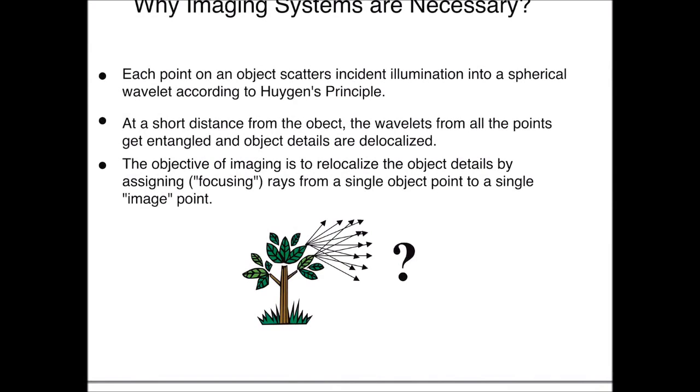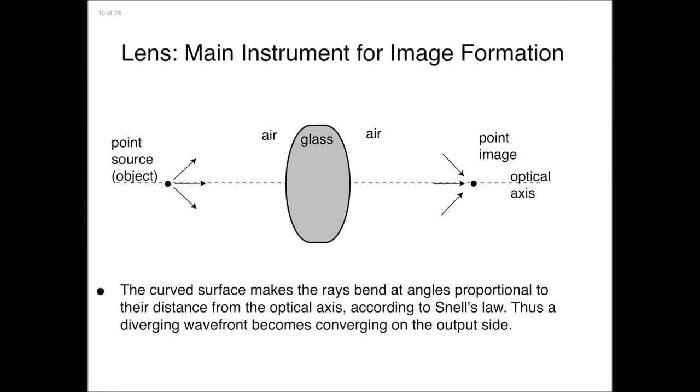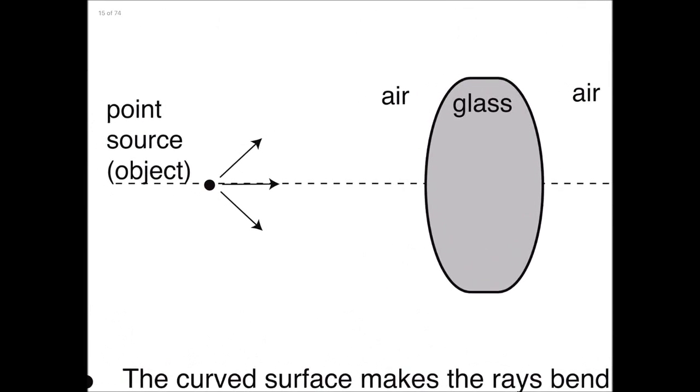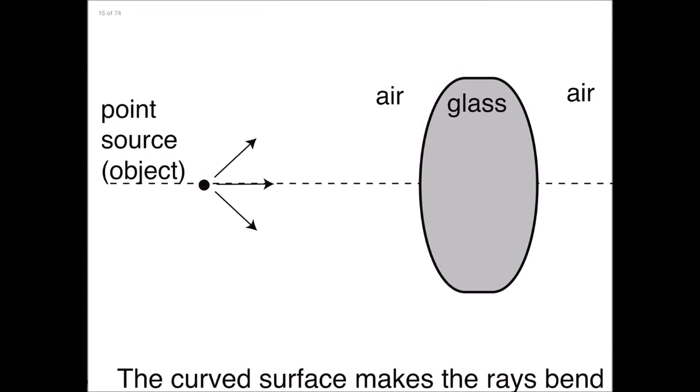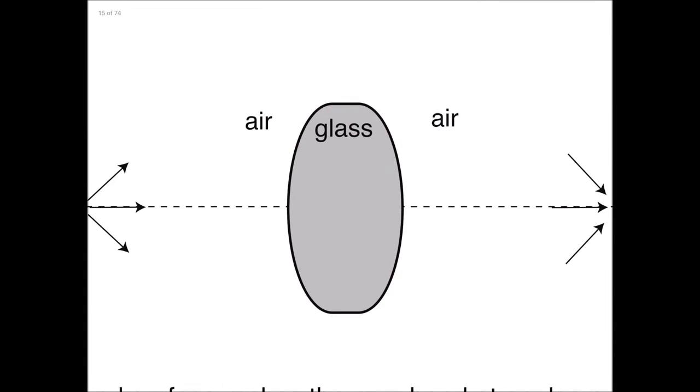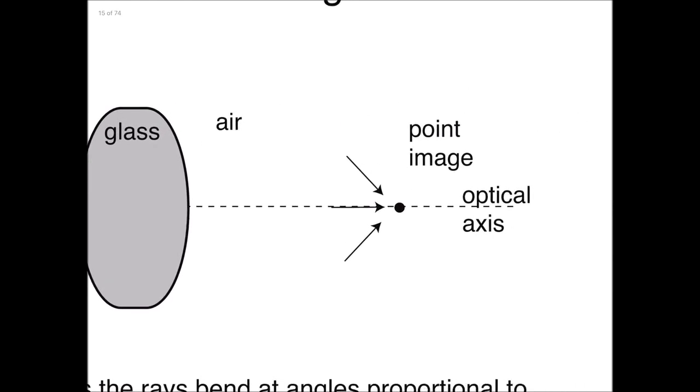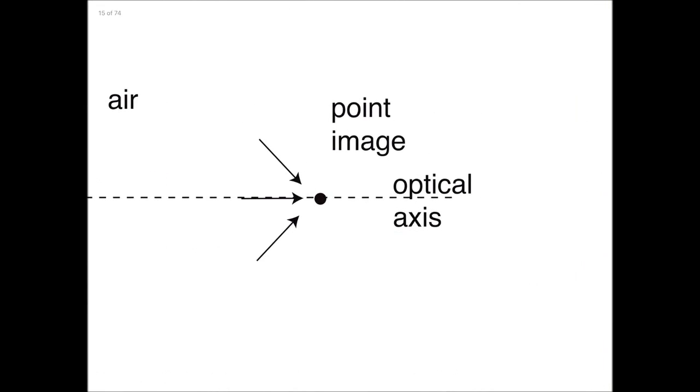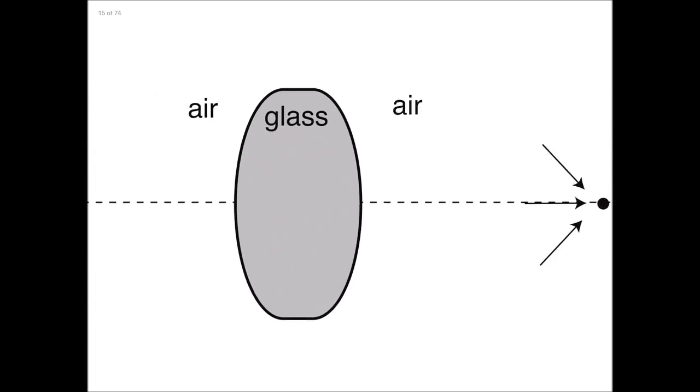What you have is essentially all entangled and delocalized wavelets coming at you at the same time. So you have no idea what the source was, what the object was. So what the imaging system does essentially is that it collects the light that is distributed from a point source going outward, and it converges all the light back into a point that resembles the object that sent out the light in the first place.